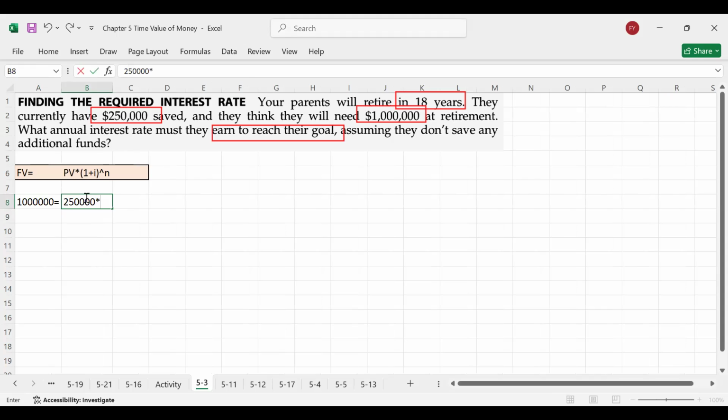Then multiply this present value with 1 plus I, the interest rate, which is not given in this problem, raised to the power of the number of time periods, which is 18.